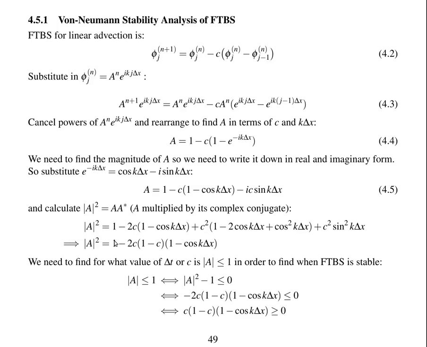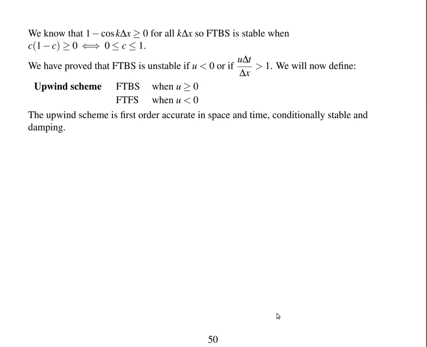So I subtract 1 from this, and that comes out to be when minus 2c, 1 minus c, 1 minus cos k delta x is less than or equal to 0. And that's when c, 1 minus c, 1 minus cos k delta x is greater than or equal to 0.